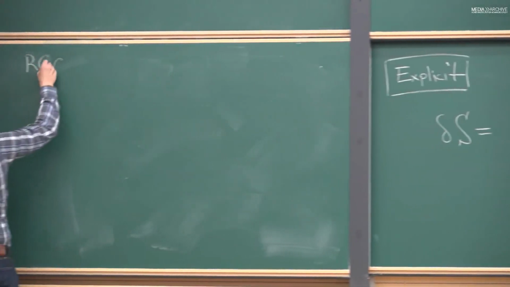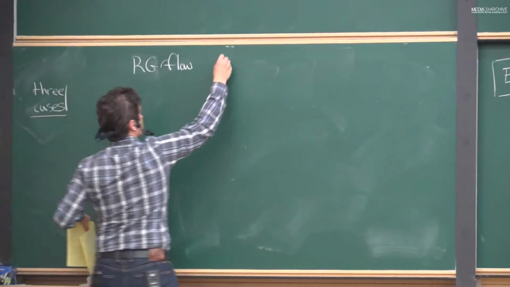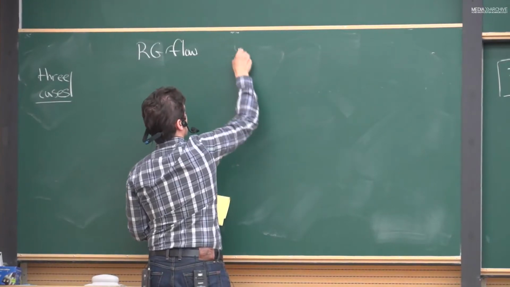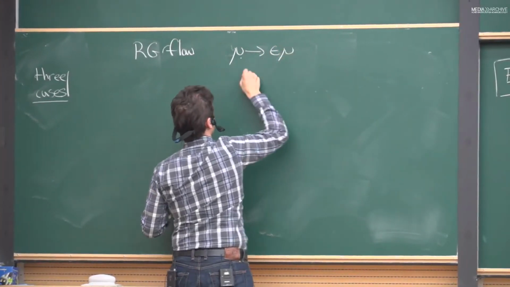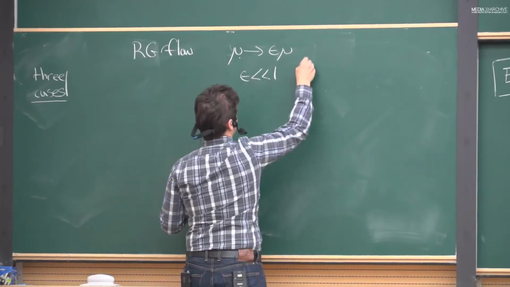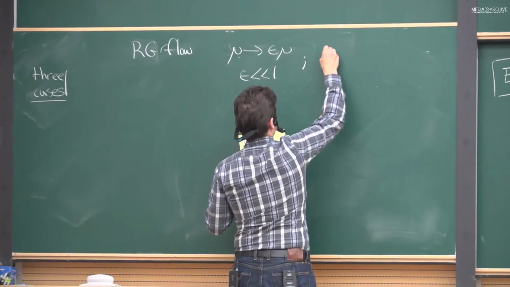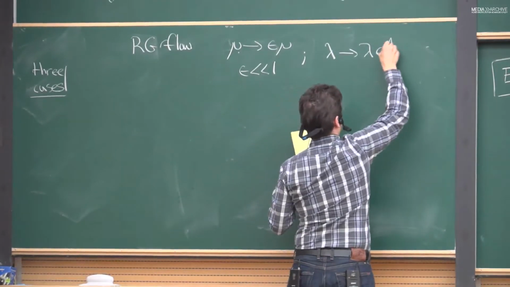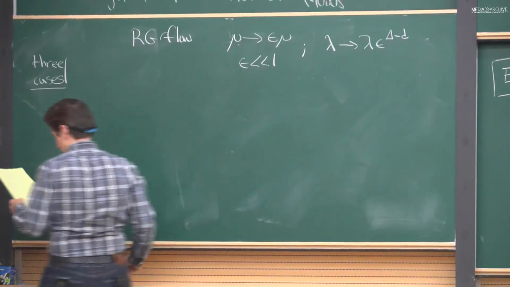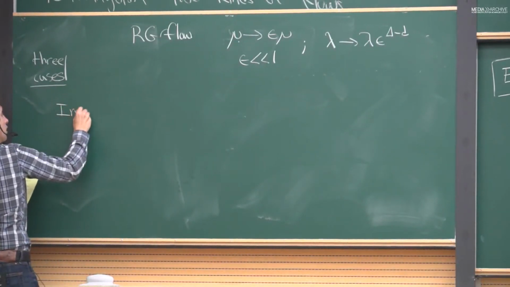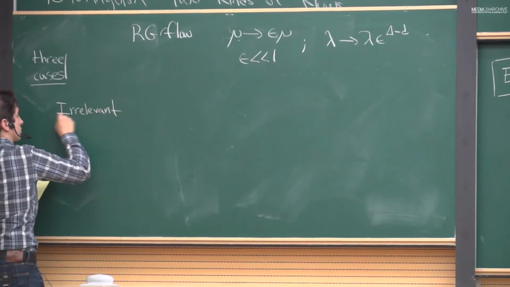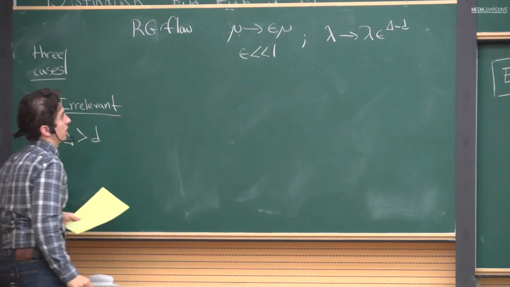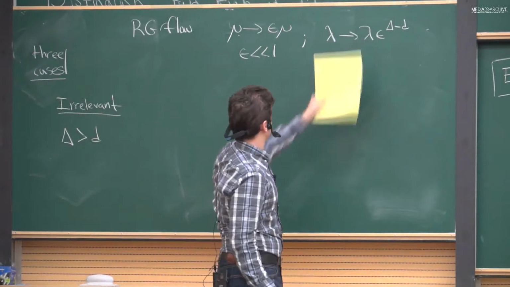Under an RG flow, lambda will scale: if I scale mu to epsilon mu, where epsilon is less than 1, and I want the physics to stay the same, then I should scale lambda to lambda epsilon to the delta minus d. And so the 3 cases are: irrelevant, that's when delta is greater than d. In that case, lambda goes to 0 as you go to the infrared.